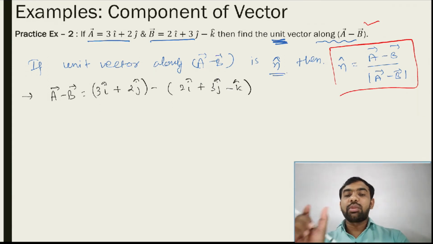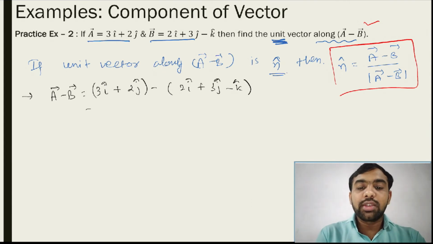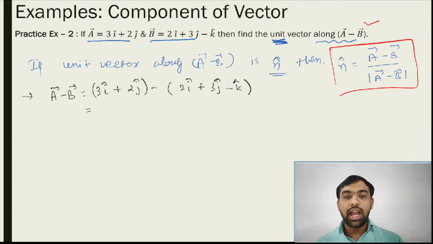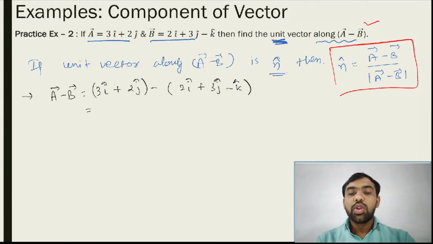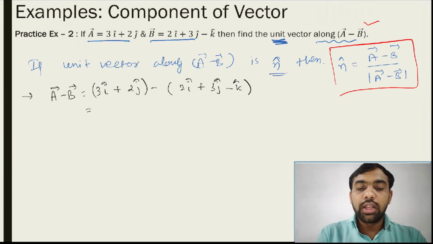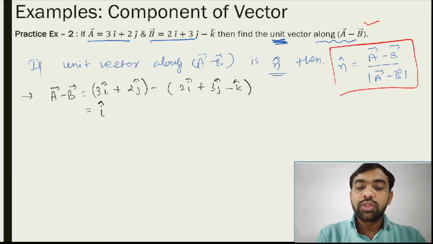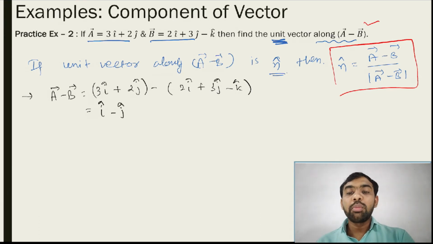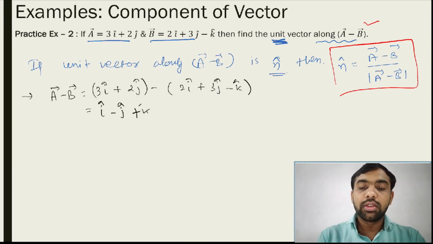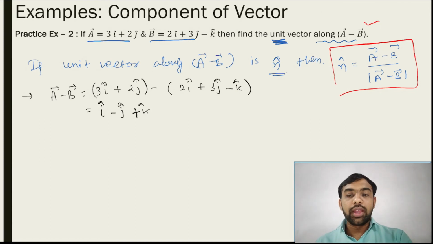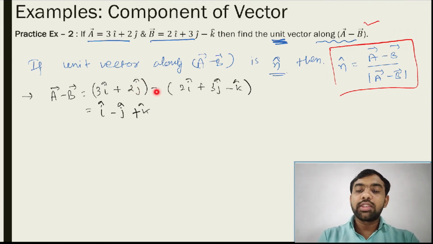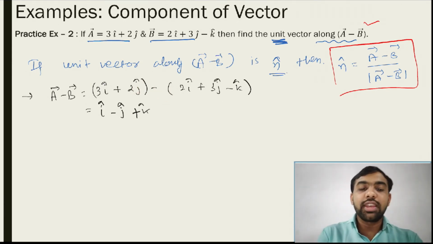That means vector A minus vector B. So i can be subtracted from i, j from j, and k from k. So 3i minus 2i, that's i. 2j minus 3j, so minus j, and here k is not present in A, so minus minus becomes plus, so plus k. So that's A minus B.